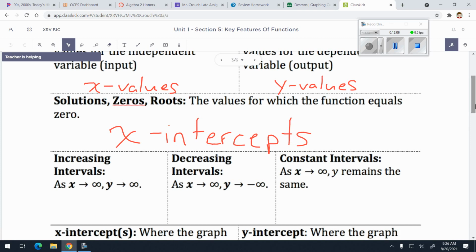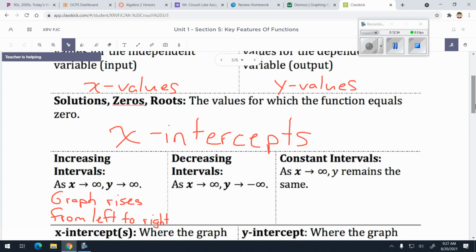Increasing intervals. Okay? Increasing intervals means that the graph rises from left to right. The graph rises from left to right. Well, I'm going to talk about this in a few minutes, so don't stress about that phrase.